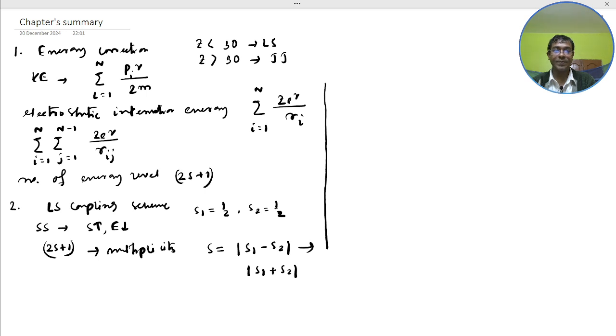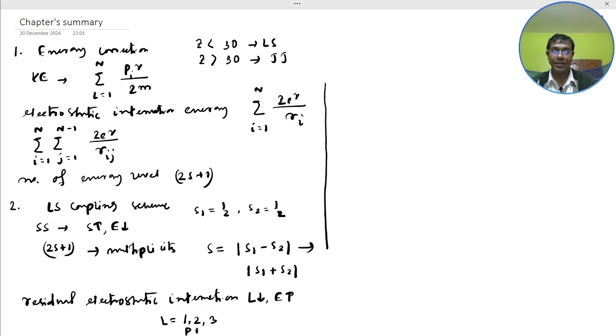For this, the orbital angular momentum L is 1, 2, 3 for P, D and F, and L varies from mod L1 minus L2 to mod L1 plus L2, the total orbital angular momentum.